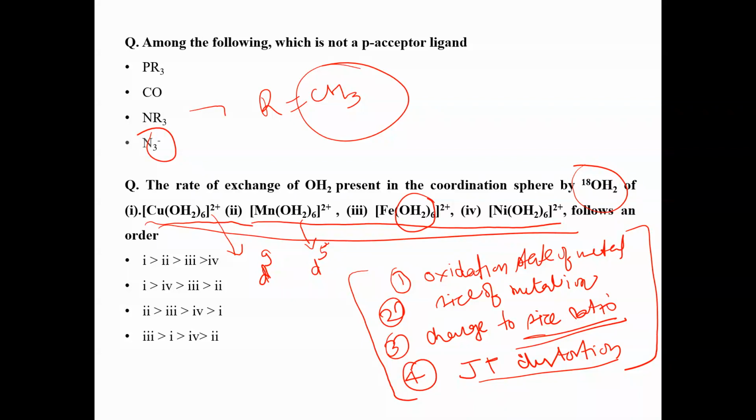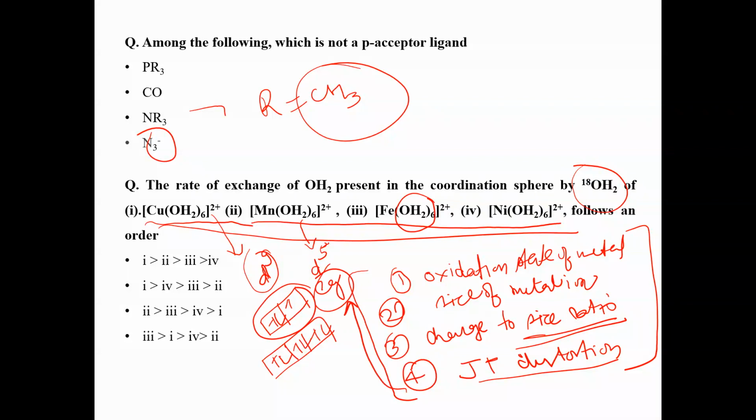If I talk about this one, that is d9, write down the electronic configuration. You can see the eg is unsymmetrically filled here, so strong Jahn-Teller distortion will occur.